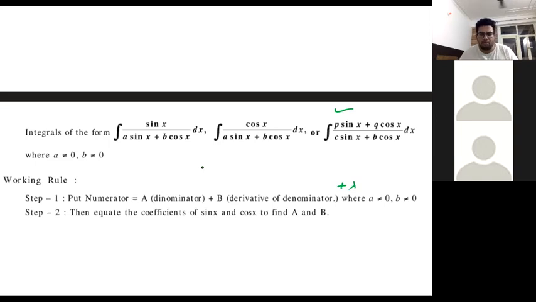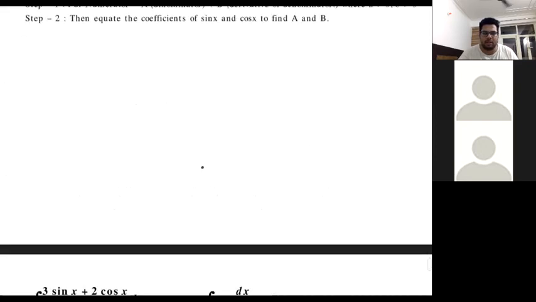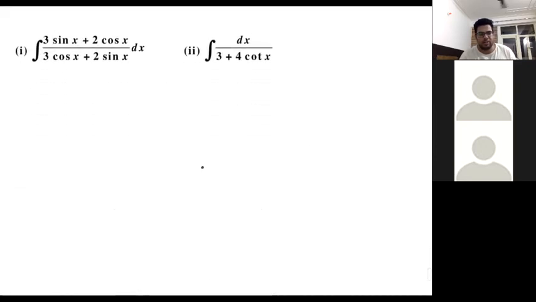So let us try to solve 1 or 2 questions based on this. Just try to remember the type that we are having, right? So try to solve the first one. In the first one, you will tell me about the coefficients or the constants that are involved, right? So I'll write down the expression for you.